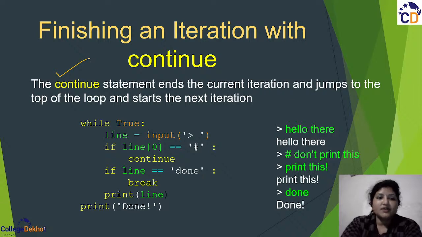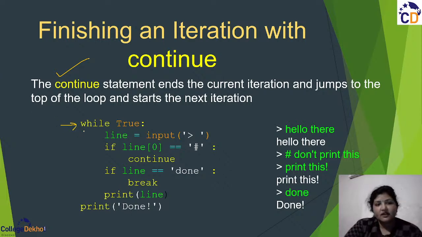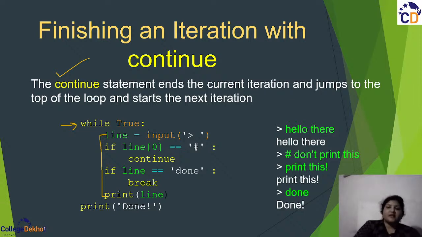Suppose I am having while true, right? So again you have some conditions. This is the condition and this is the scope of the while loop, right? Again you have taken one input, that is hello there.